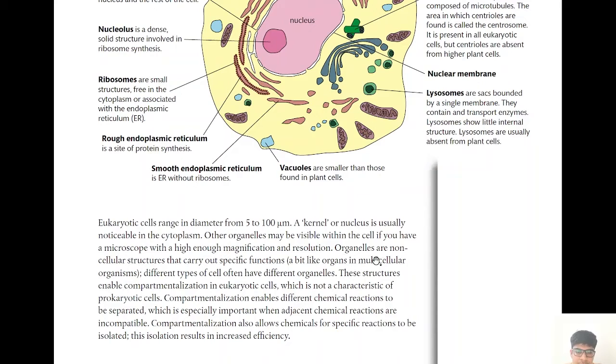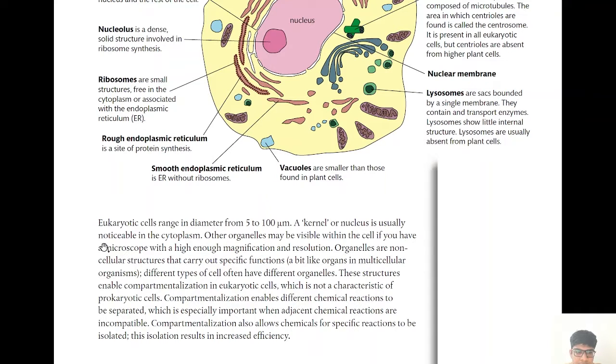Other organelles may be visible within the cells if you have a microscope with high enough magnification and resolution. Organelles are structures within the cell that carry out specific functions, a bit like organs in multicellular organisms. Different types of cells often have different organelles.